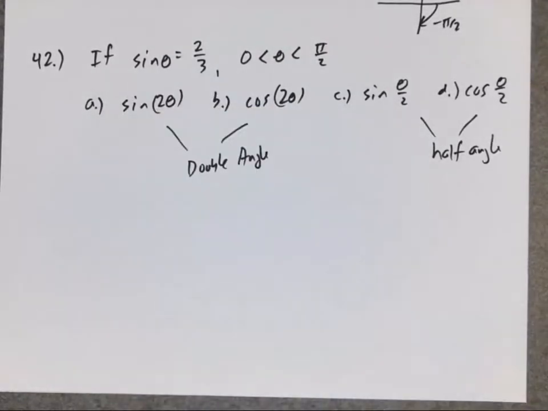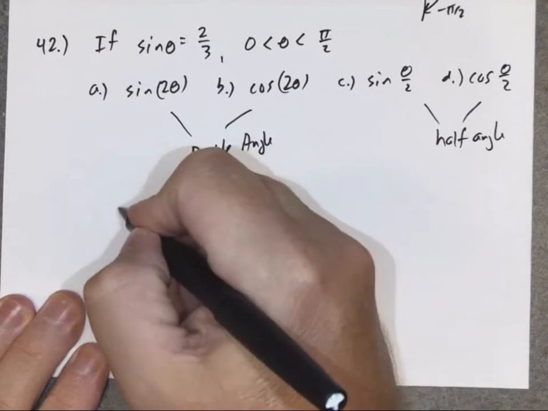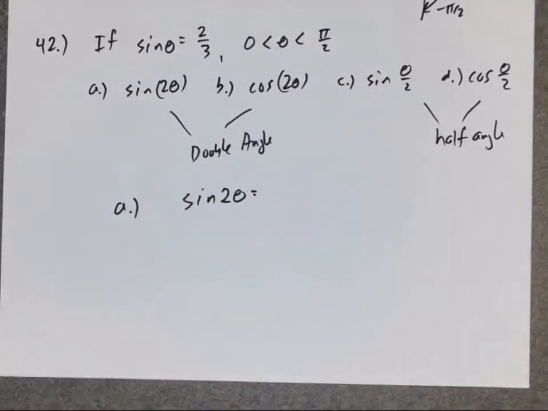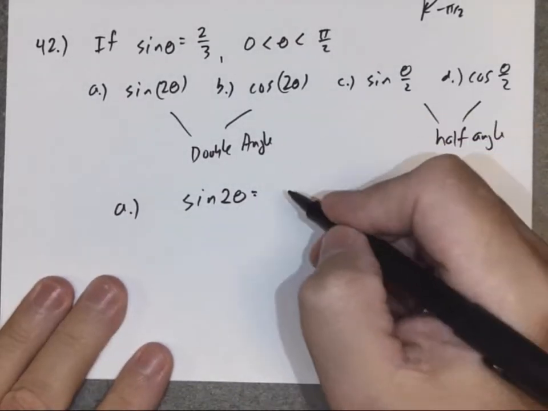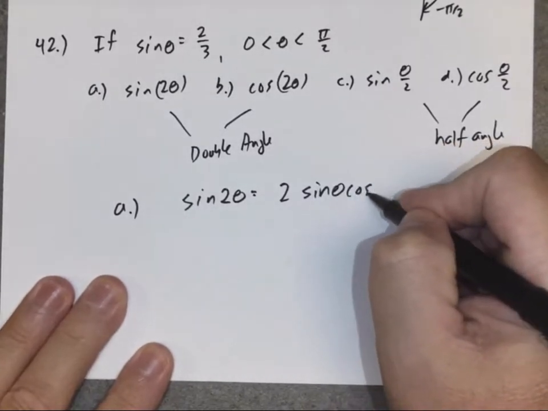So let's start with A, sine of 2 theta. If I go to my formula sheet under double angle and I see sine of 2 theta, I can rewrite as 2 sine theta cosine theta.